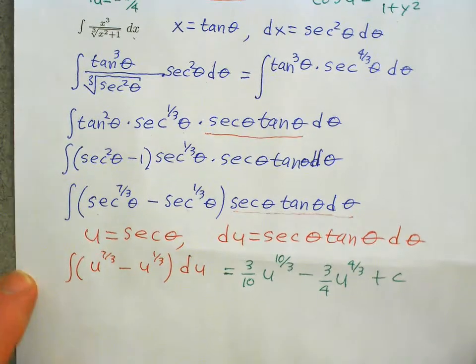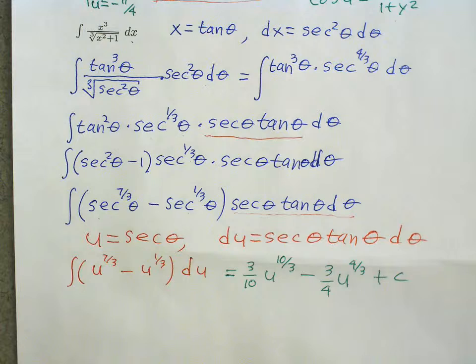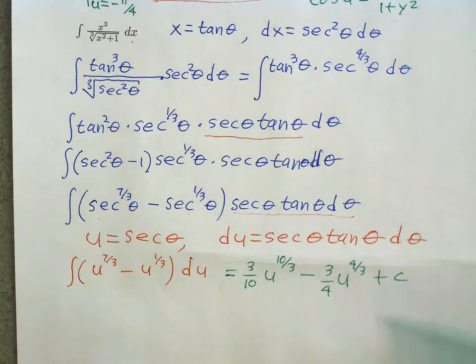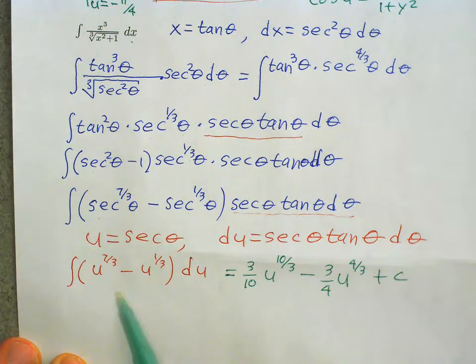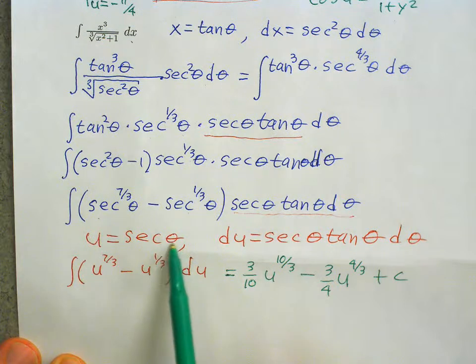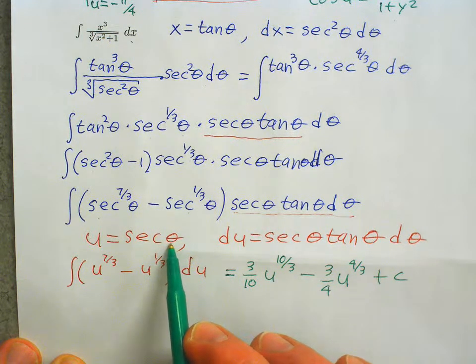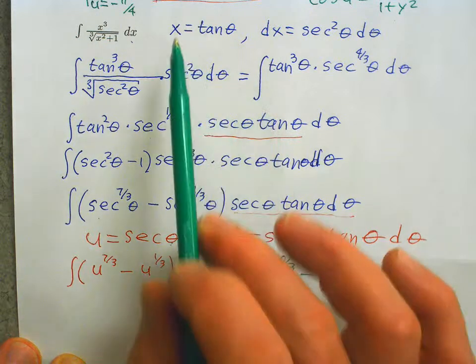Well, our original integral is in terms of x, and we've made two different substitutions. So we can first determine what u is in terms of theta, and then we can determine what theta is in terms of x.